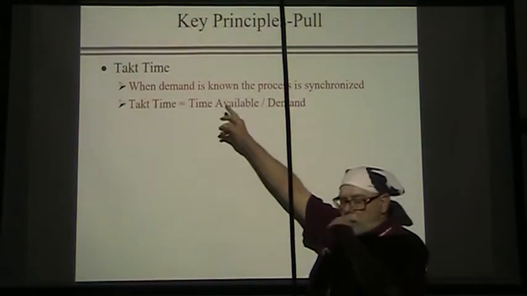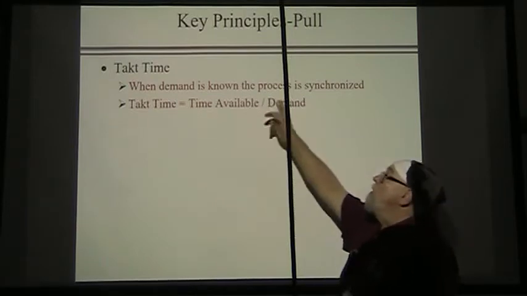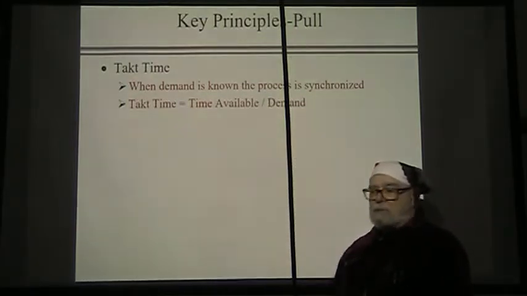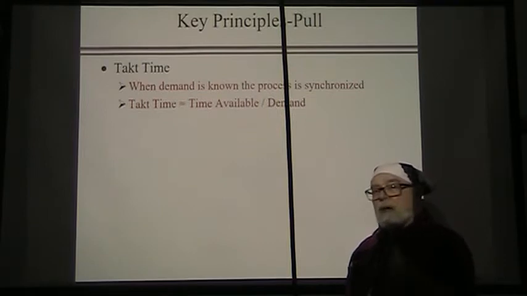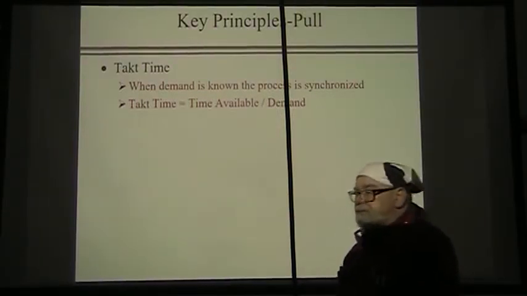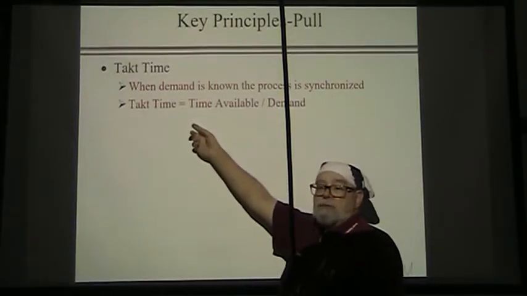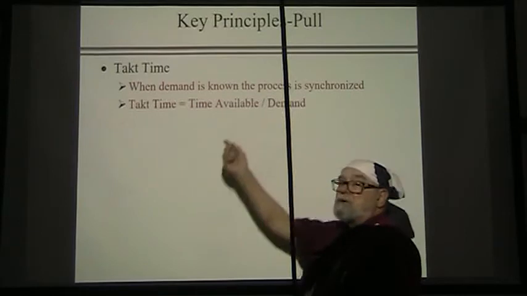So, when our demand is known, we synchronize our process. Takt time is a very simple calculation. It is the time we have available for production divided by the demand.